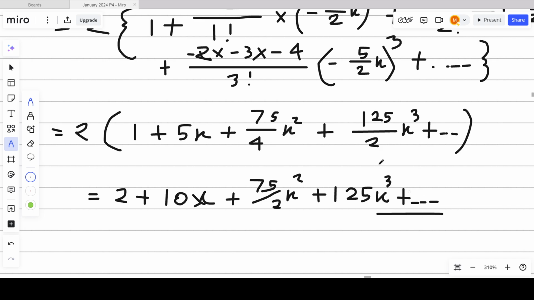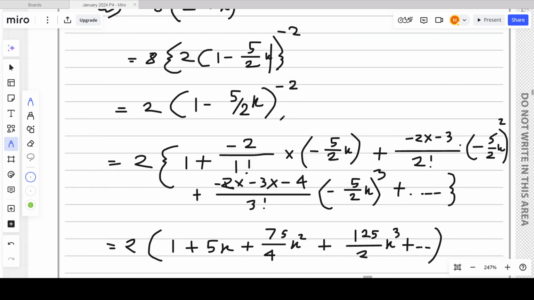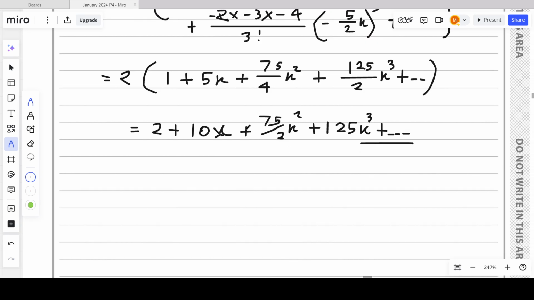Now how would the expansion become convergent? If you see the expansion, the power of x is increasing by 1. In order for this expansion to be convergent, there are some range of values for x. For these values of x, the expansion will get closer and closer to a fixed value.